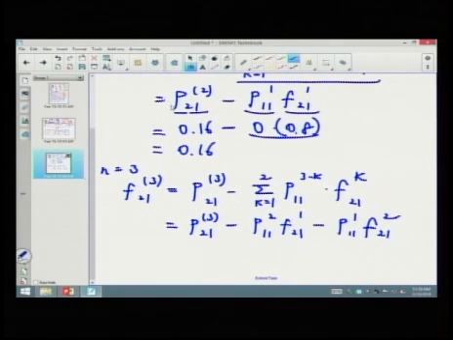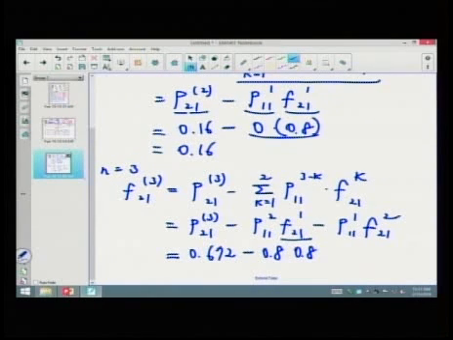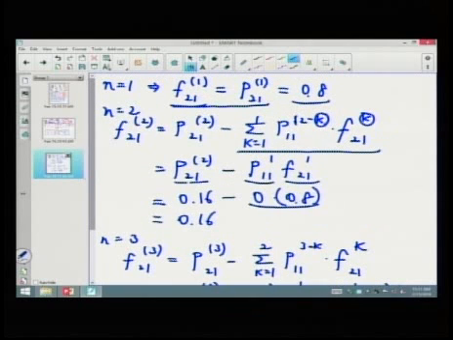So let's get all of these values from the given probability matrix. So this is going to be 0.672, right? Minus, what is this value? It's 0.8. What is F21? F21 is 0.8, right? From up here, right?